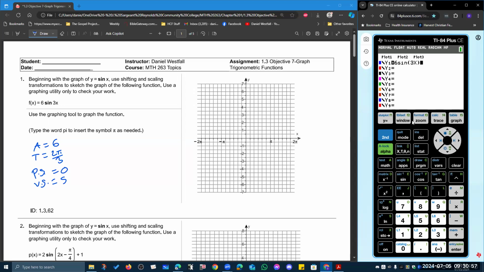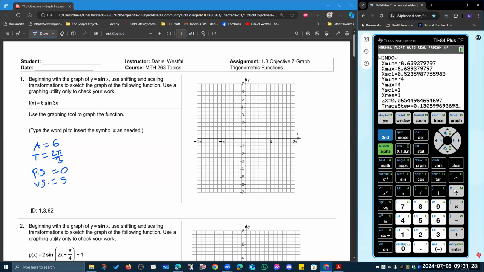And you have a nice zoom trig feature here that'll get you between negative 2 pi and 2 pi. If you want to change your window, though, to say that's going to be negative 2 pi and 2 pi, your step is going to be 1, 2, 3, 4, 5, 6. So pi over 6 looks like what they're using for their step.